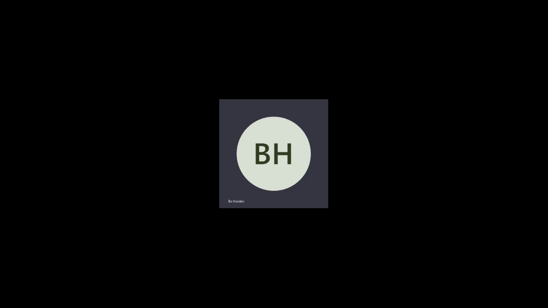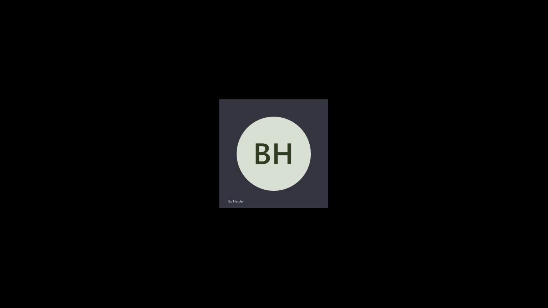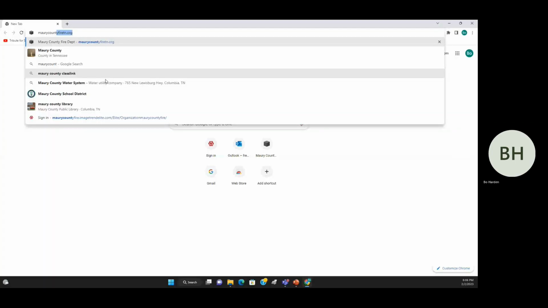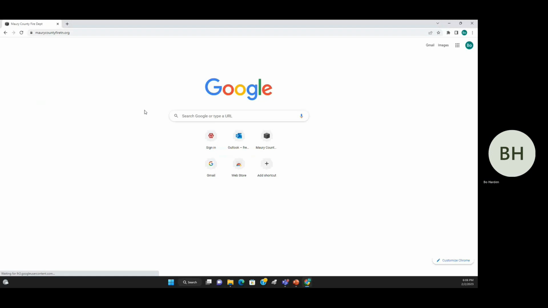There's two systems that we have to use right now to create a report. The easiest way to get to it is just go to a regular browser, and you go to our website, murraycountyfiretn.org.